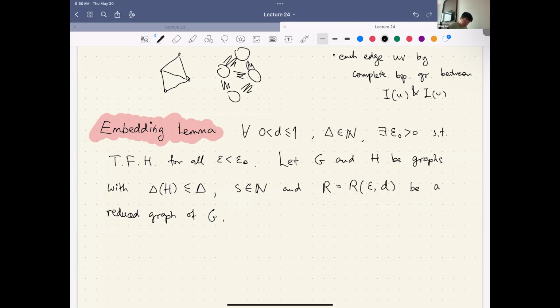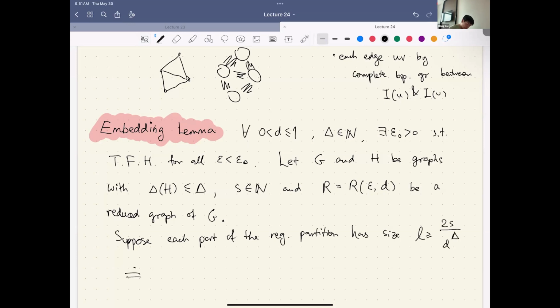Now we suppose each part of the regular partition has size, so we have this V_i, right? V_i has size, let's say L, which is bigger than 2s over d to the delta.